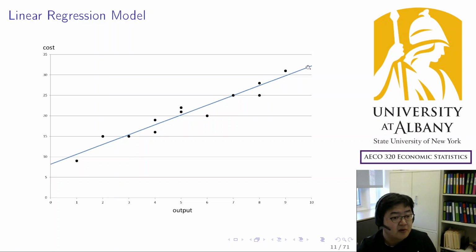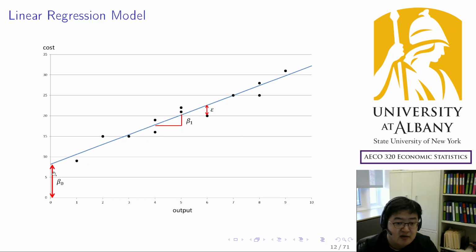Then it's clear: as you increase your production, the total cost would increase at this rate, at this slope. So how can we interpret this? First, look at this. Even if you produce zero, your total cost is estimated to be nearly 8, 7 something or 8. So that's the fixed cost.